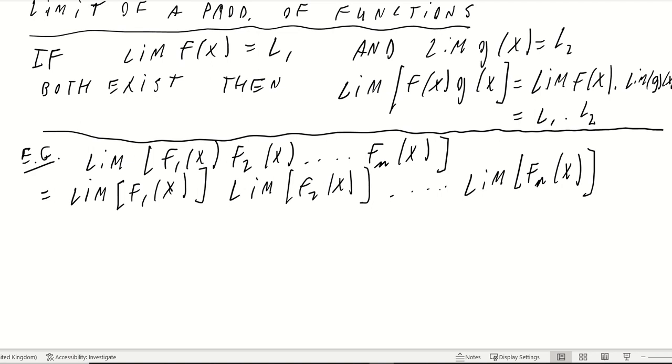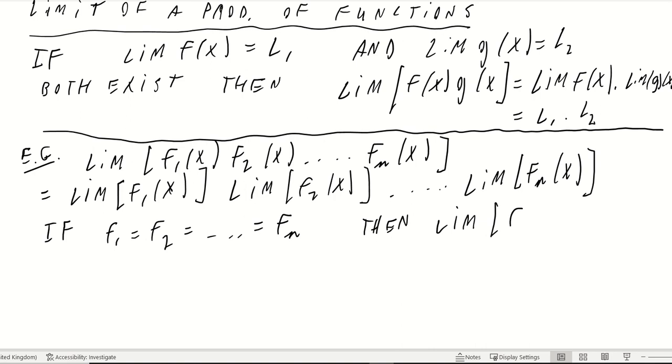So the nice result is if all these functions are equal. If f1 equals f2, and so on, all the way up to our nth function fn, if they're all equal, then we get a nice result for the limit of this nth product of the same function f of x.